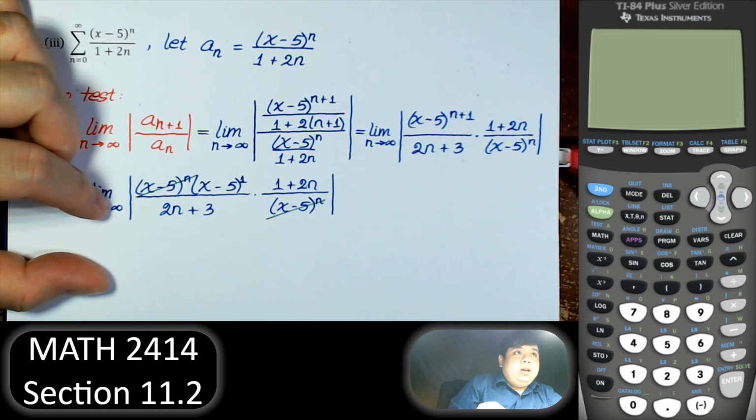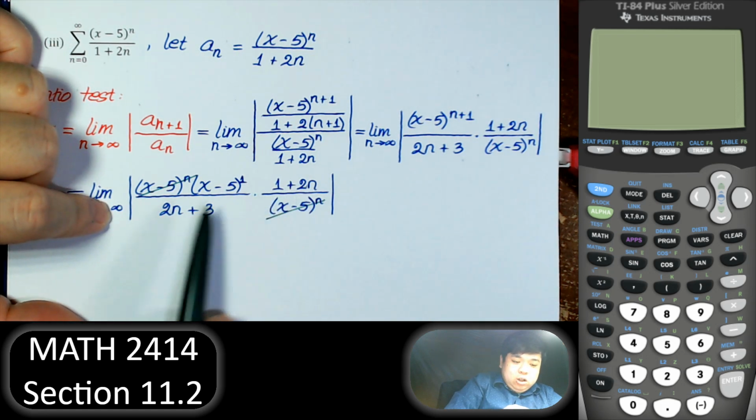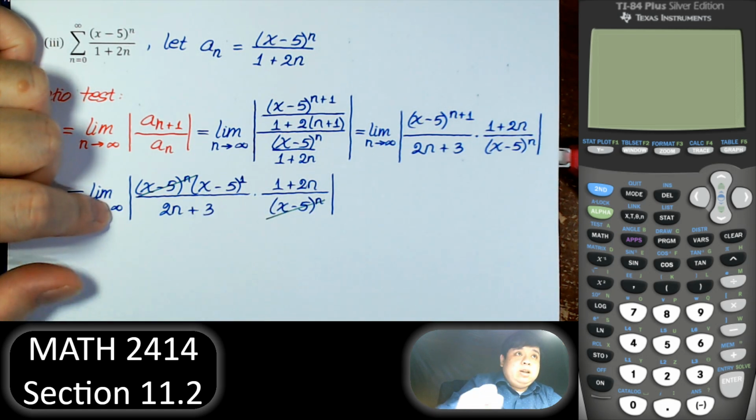That cancels out. Now I'm going to write all of the 1 plus 2n and 2n plus 3 all over x minus 5.